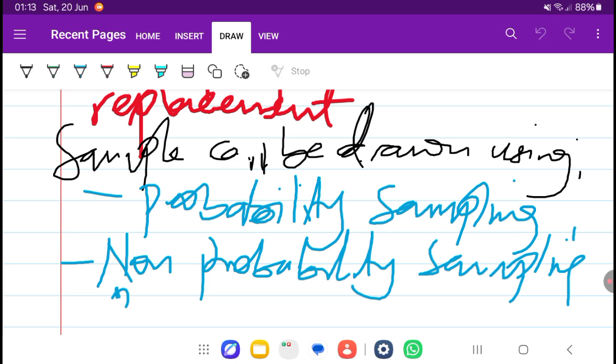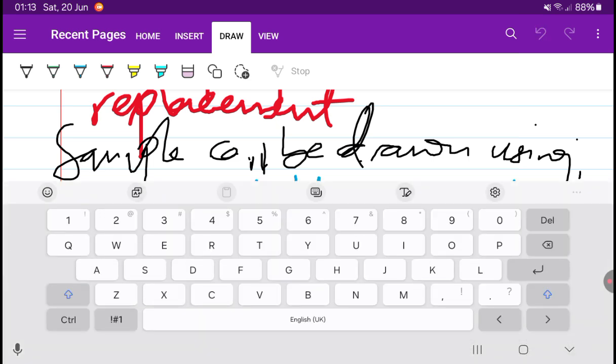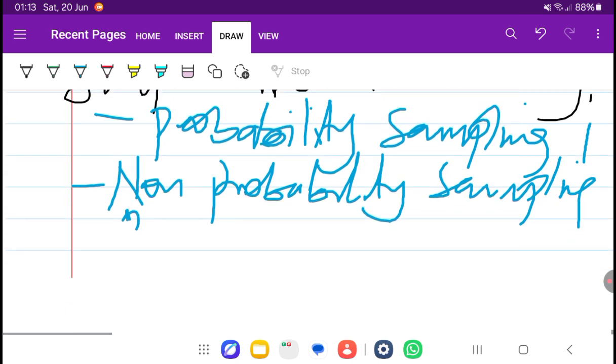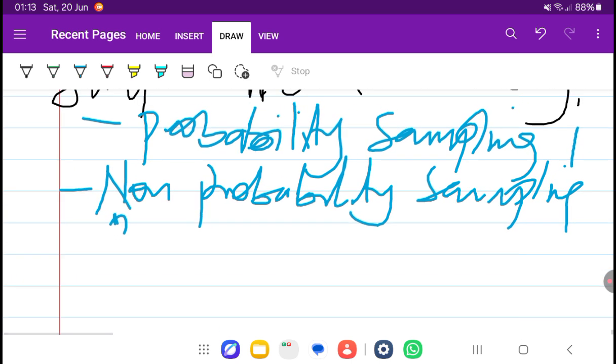So we've seen there are two ways of how we can pick from the population, either by using the probabilistic sampling procedures or the non-probabilistic sampling procedures.